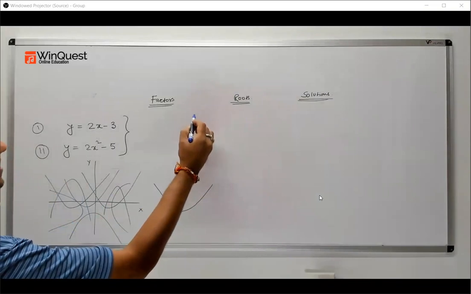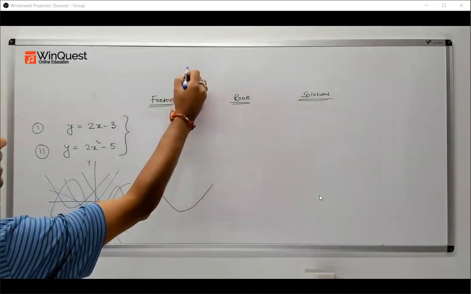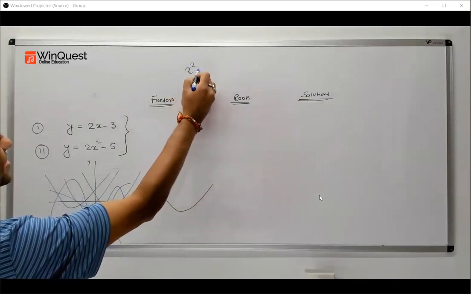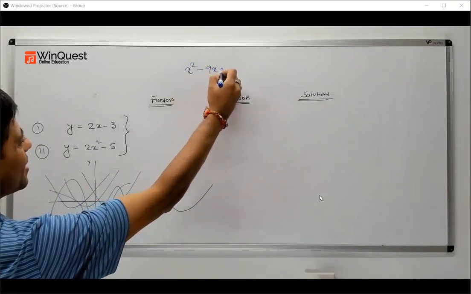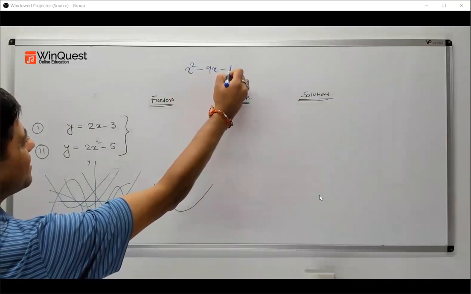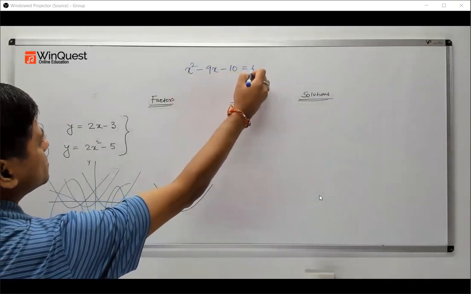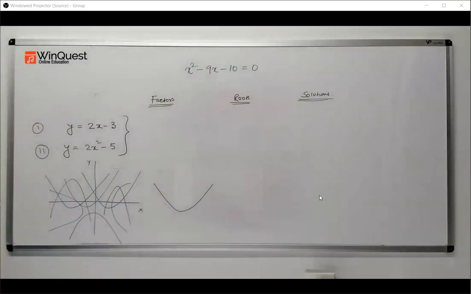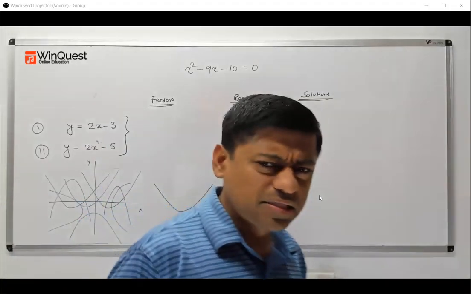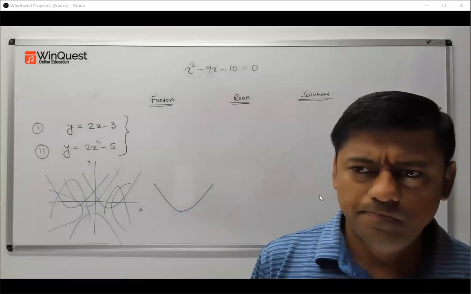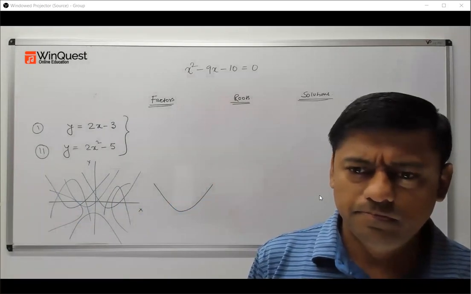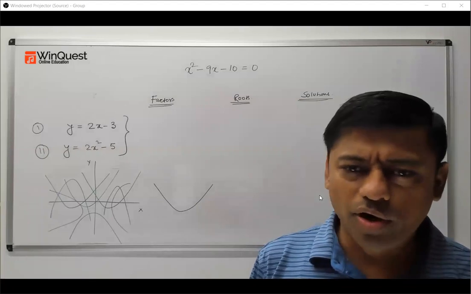Okay. Now, let's take a typical example. I'll take an example as x square minus 9x minus 10 equals 0. Can I call this a quadratic equation? Yes, sir. Everybody agrees this is a quadratic equation?